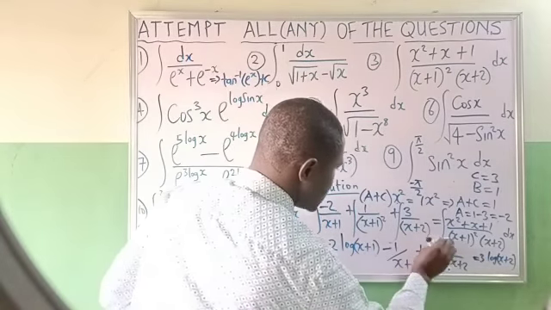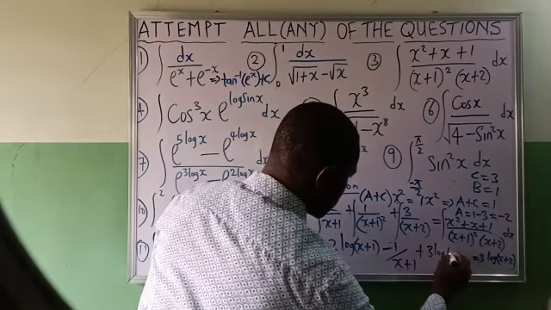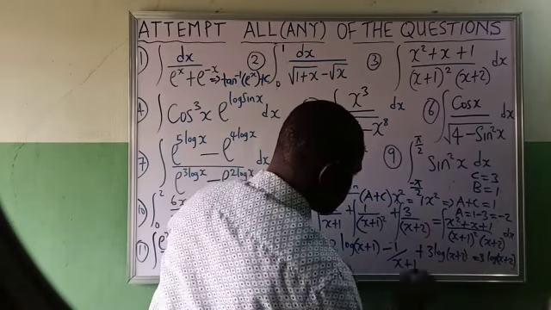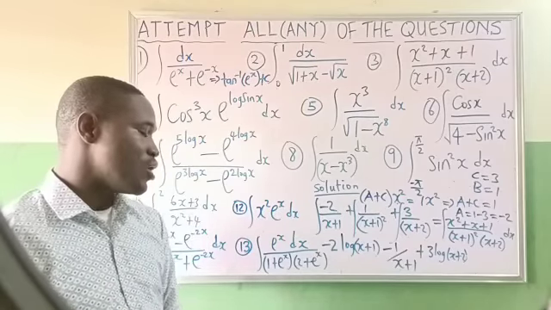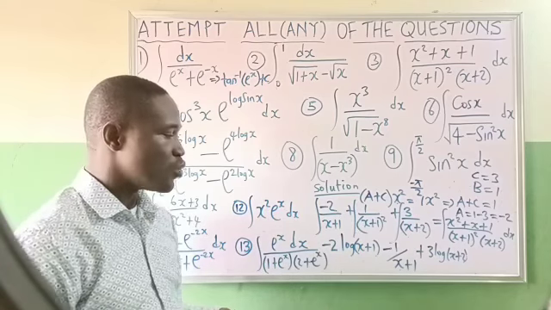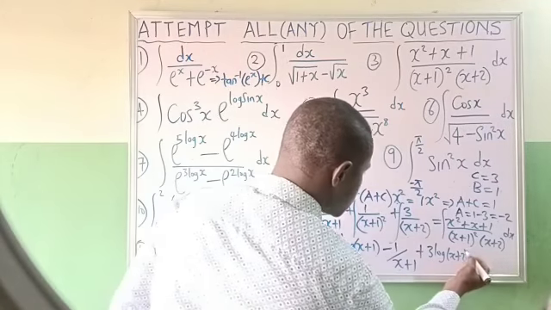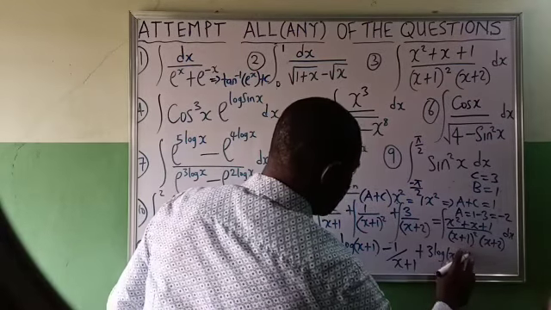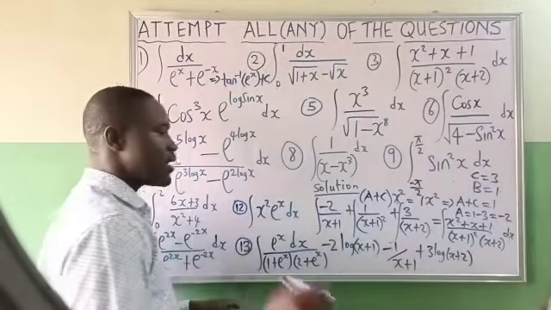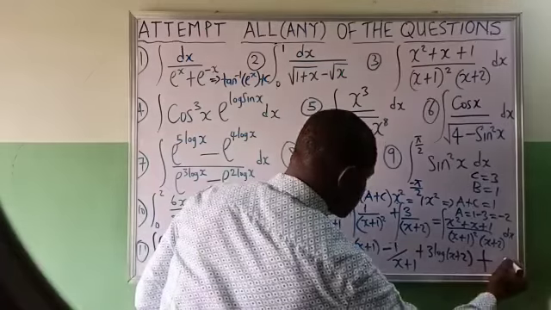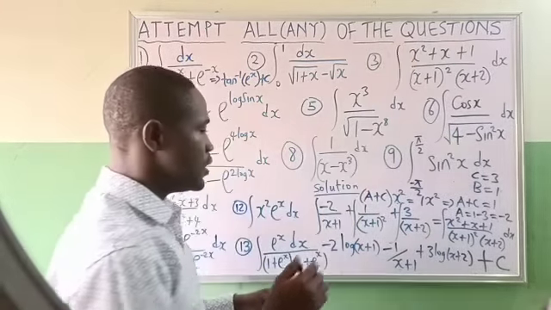So the answer is minus 2 log x plus 1, minus 1 over x plus 1, plus 3 log x plus 2. Then if you leave your answer this way, I will tell you you are wrong. Why? Because you didn't put plus c. Plus c means it doesn't have upper and lower limit.